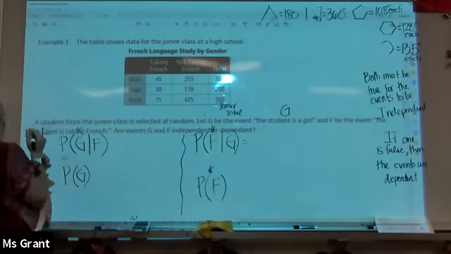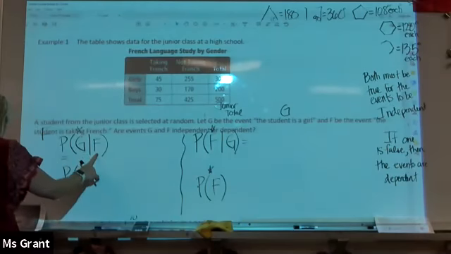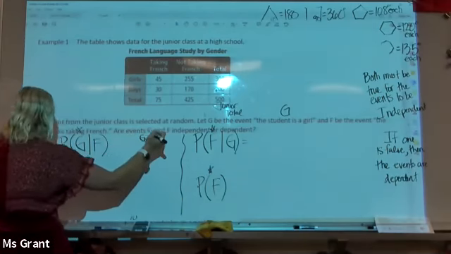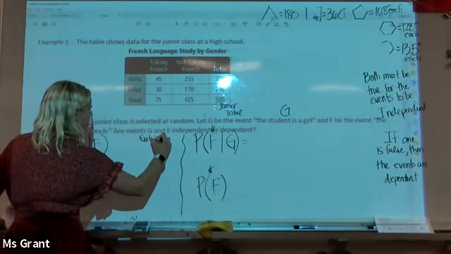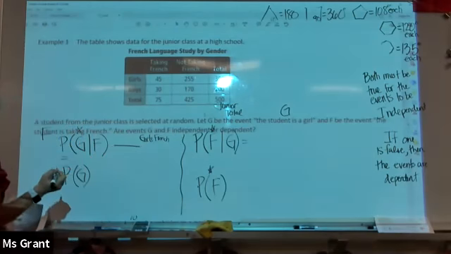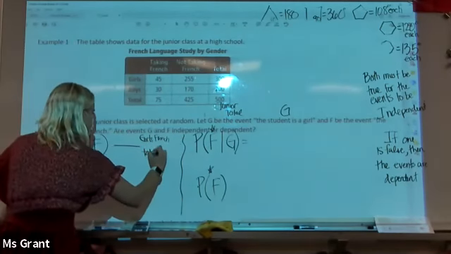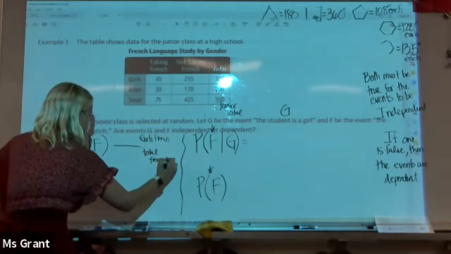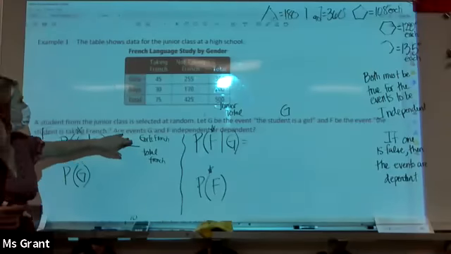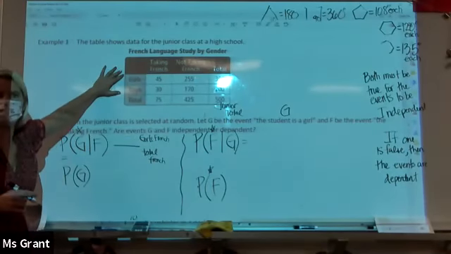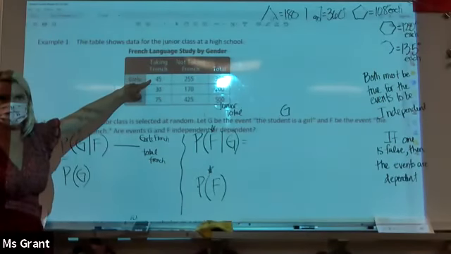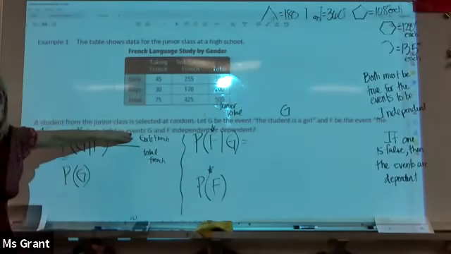The probability of it being a girl, given that they're French. So I'm going to do girls French on my numerator, and I'm going to do total French on my denominator. This is the girls that take French. So I look on my frequency table. The girls that take French, there's 45 of them. They're in the numerator.